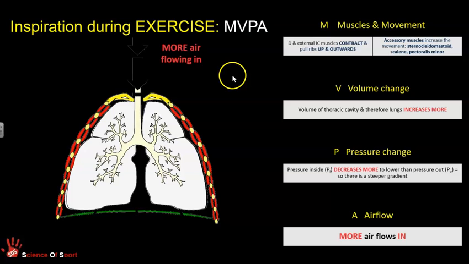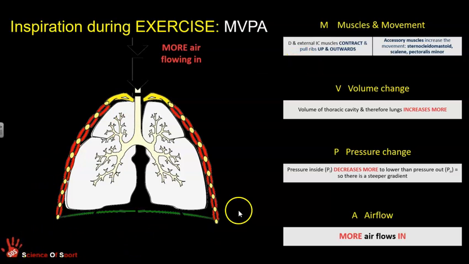So this process is an active process. We've got this exaggerated muscular action that exaggerates the thoracic volume change and the pressure drop inside, increasing the gradient, the high to a really low pressure, and therefore more air moves. This is an active process based on this being now a muscular action. Breathing in at rest is active. Breathing in exercise is also active.